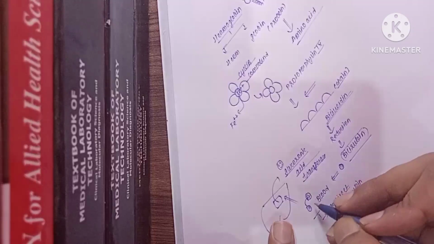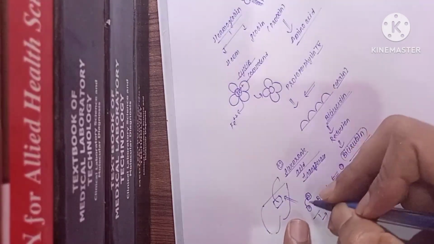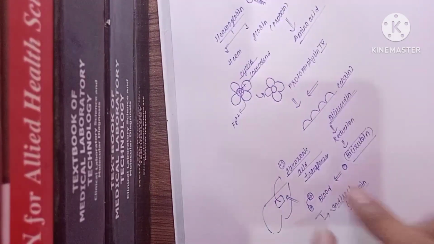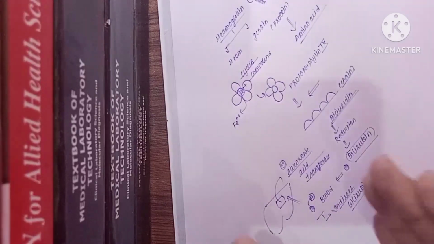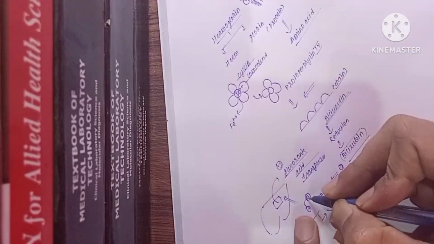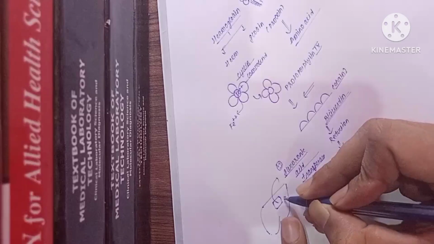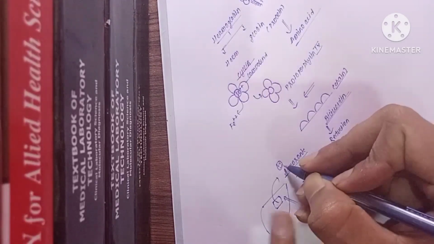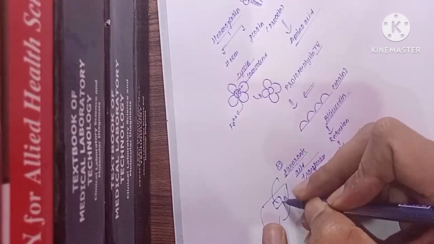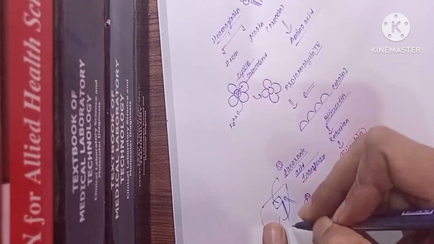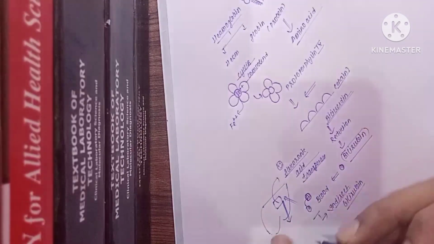So actually what happens: in blood we have indirect bilirubin, which is bilirubin bonded with albumin. Albumin lives here and bilirubin reaches our liver, and in the liver glucuronic acid transferase transfers the glucuronic acid to this bilirubin.